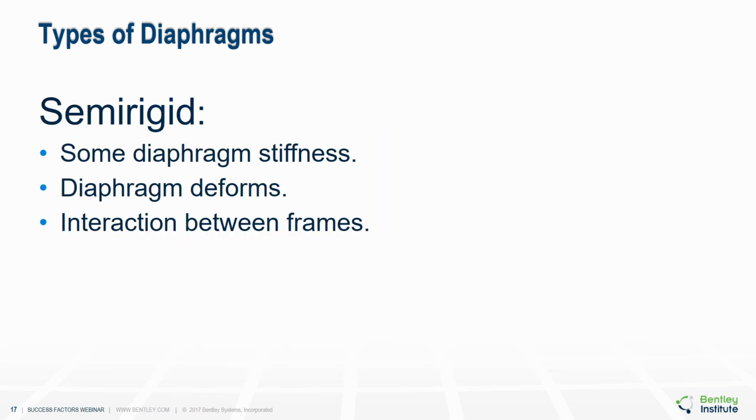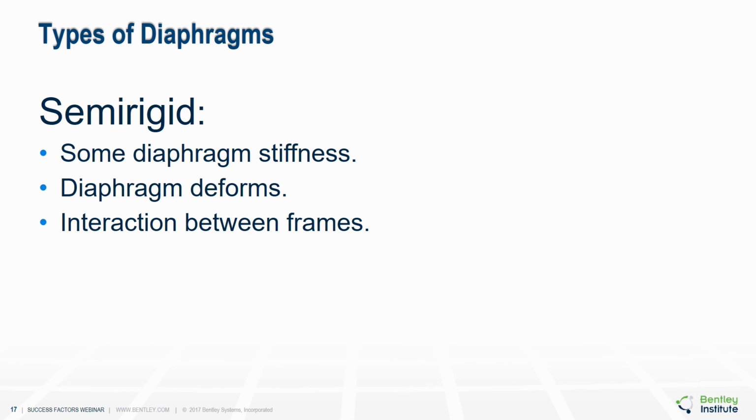The semi-rigid diaphragm has some diaphragm stiffness, some non-trivial stiffness. There is some interaction between frames based on the stiffness of the diaphragm and on what it can convey to and distribute between the frames. Analytically, this is the most complex diaphragm. Its properties must be modeled, and the diaphragm elements are included with the frame beams, columns, braces, and walls in the structural analysis.